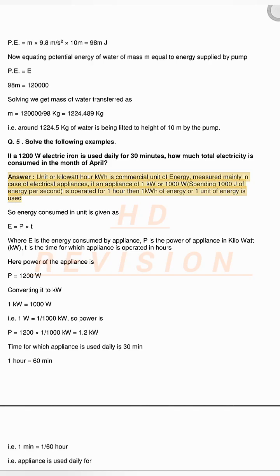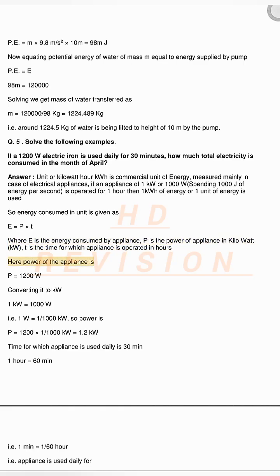If an appliance of 1 kilowatt or 1000 W, spending 1000 J of energy per second, is operated for 1 hour, then 1 kilowatt-hour of energy or 1 unit of energy is used. So energy consumed in units is given as E equals P times T, where E is the energy consumed by the appliance, P is the power of the appliance in kilowatts, and T is the time for which the appliance is operated in hours.